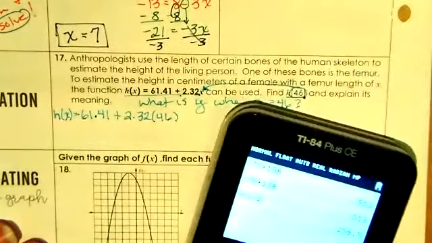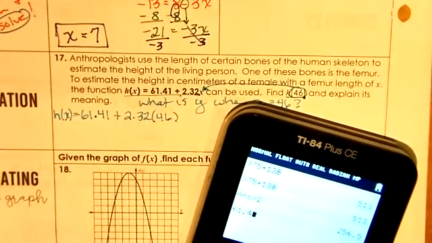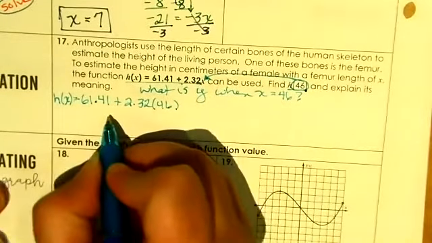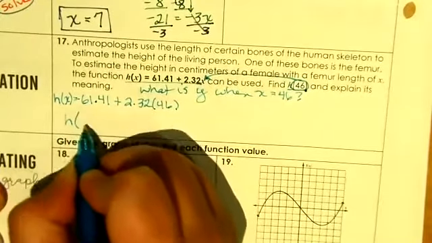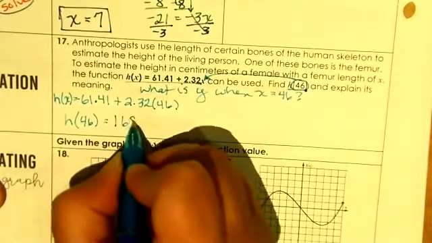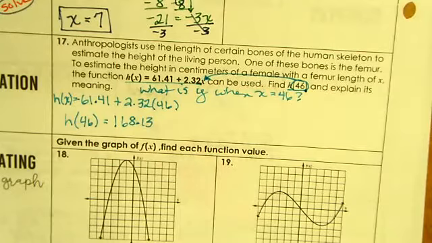So I punch that in: 61.41 plus 2.32 times 46, which gives me that h of 46 equals 168.13. But now we got to think about, what does that mean?